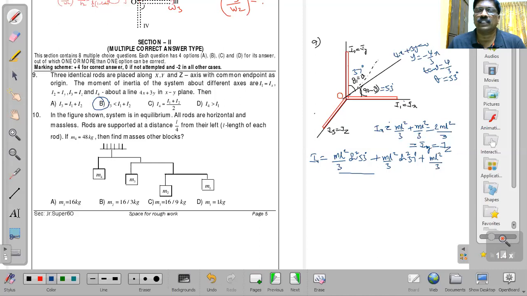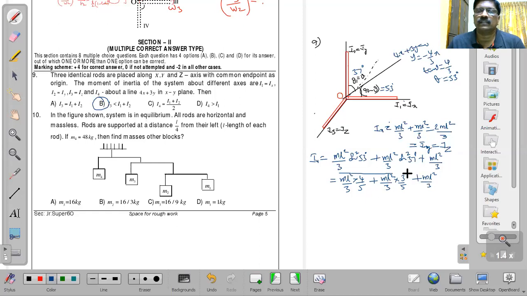Of course, if you find this one, I think you will get ml square by 3 only. You see, sine 53 means we can write 4 by 5. So ml square into 4 by 5 by 3, plus ml square by 3 into sine 37 means 3 by 5, plus ml square by 3.